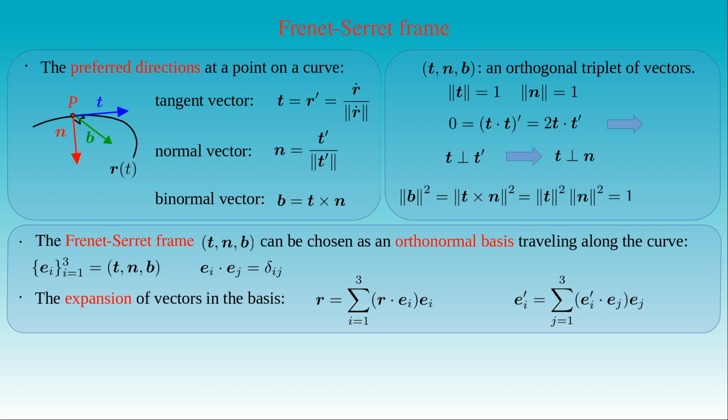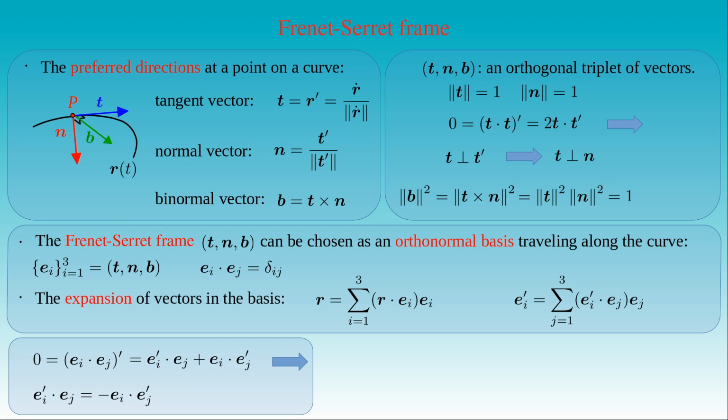If we take the derivative of the orthogonality condition, then the derivative of the Kronecker delta vanishes, and so does the derivative of the dot product of E_i and E_j. Applying the Leibniz rule, we obtain that E_i prime dot E_j plus E_i dot E_j prime is equal to 0. This shows that E_i prime dot E_j is equal to minus E_i dot E_j prime.